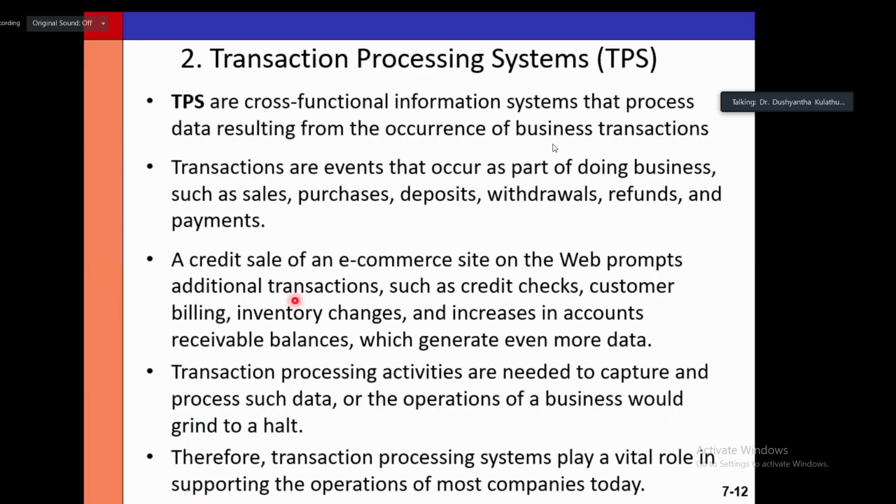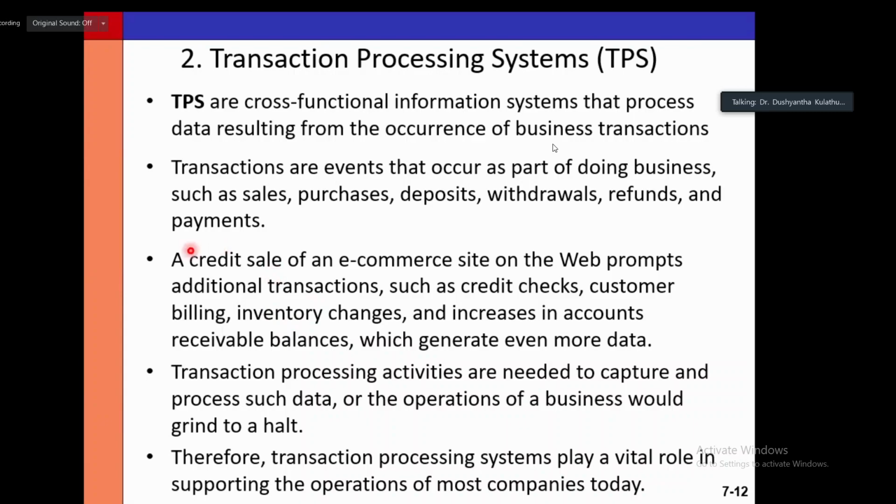Inventory changes can differ from organization to organization. Sometimes the accounting function may be involved there, but the production department can also be involved in keeping the inventories. So usually this can come from a different function.